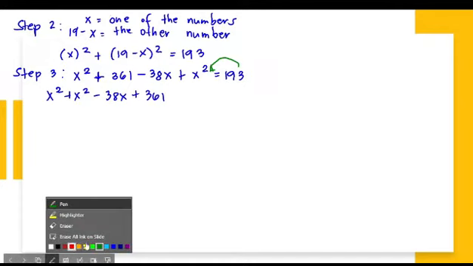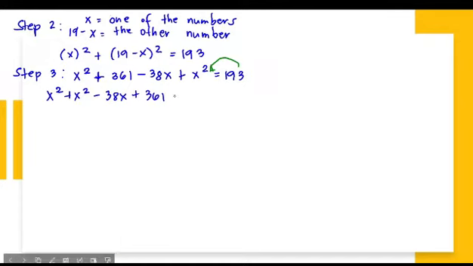So that will become negative 193 equal to 0. Simplify lang ulit. X squared plus x squared is 2x squared. Copy minus 38x. And then 361 minus 193 is positive 168 equal to 0.